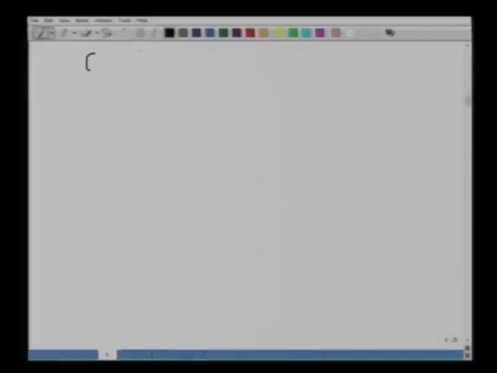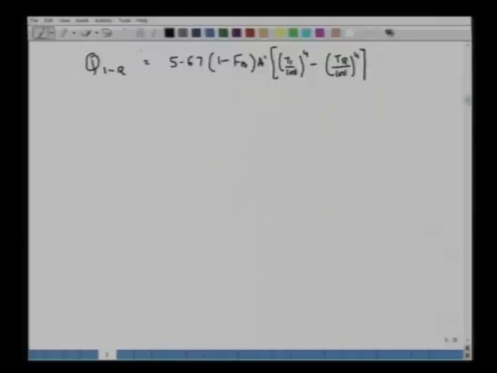So, we can write down now, say Q1 to R, that will be equal to 5.67 into 1 minus FB into A1 into T1 upon 100 to the power 4 minus, remember here it is TR because we are considering an exchange between A1 and AR, TR upon 100 raised to the power 4, and let us call this expression number 1.